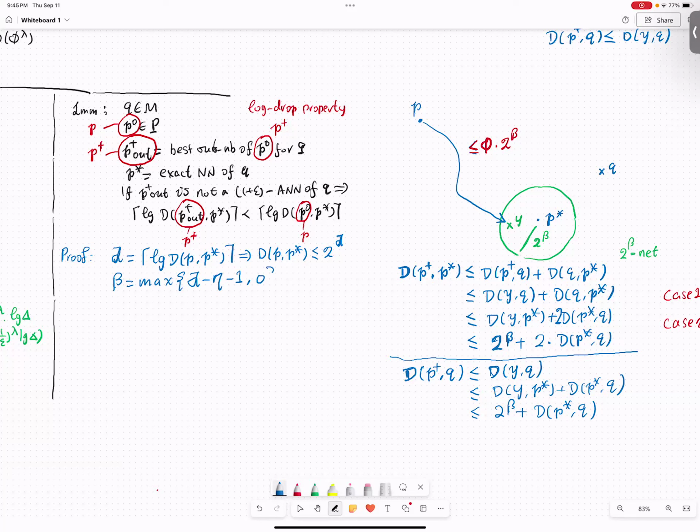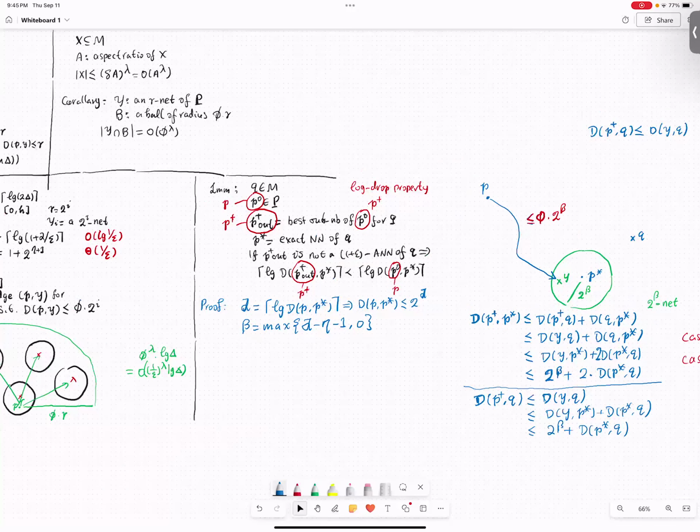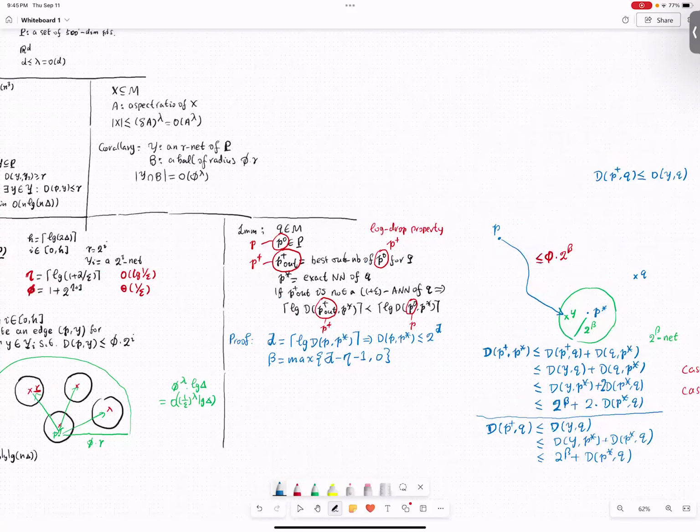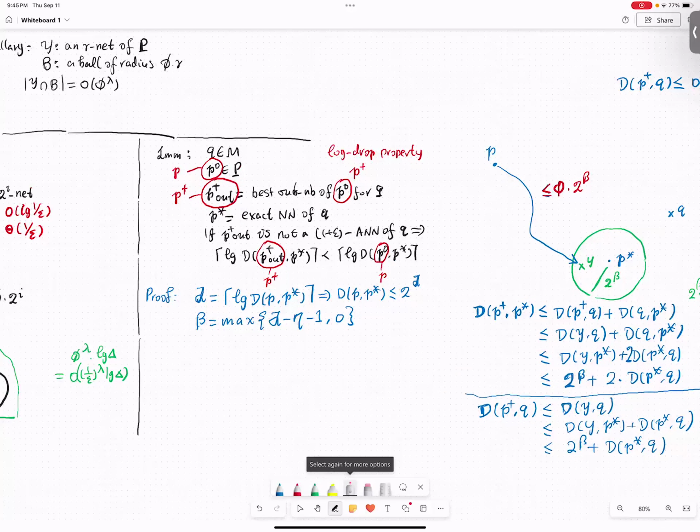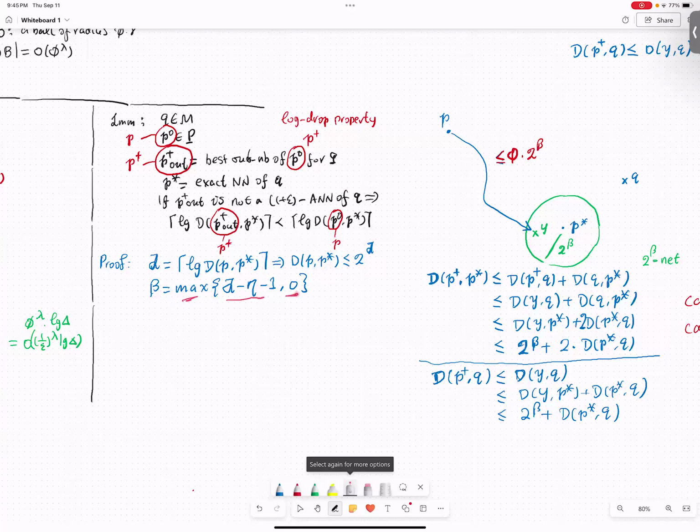Okay, so this is alpha, which we just defined, and also this eta, right? So this eta is defined here, and as I was saying, this is basically log of 1 over epsilon. And you can see this is the maximum between this term and 0, which means if the first term here is negative, then you should set beta to 0.